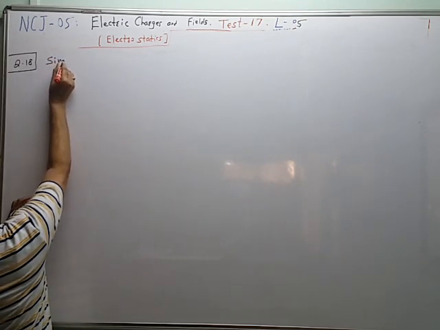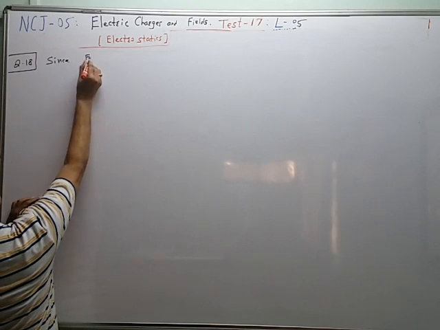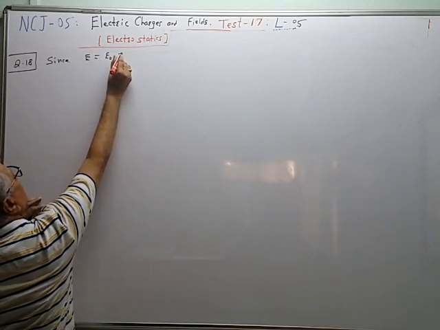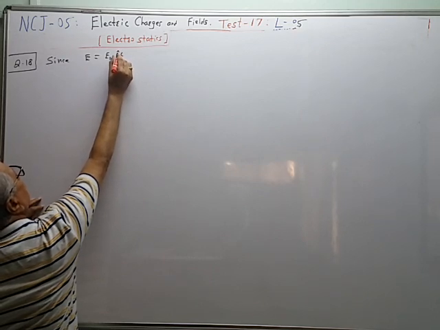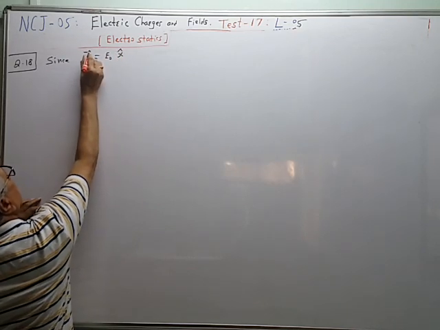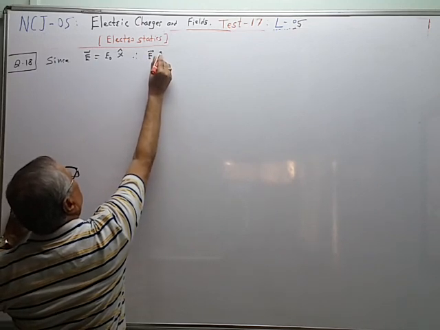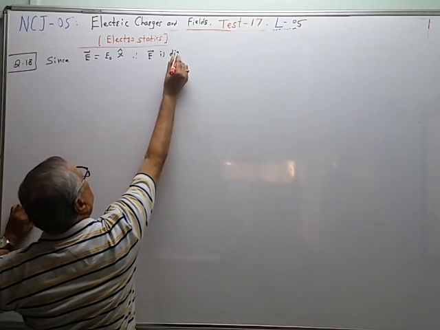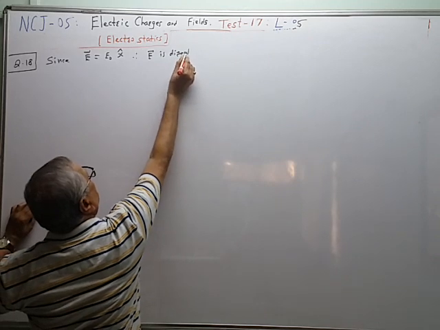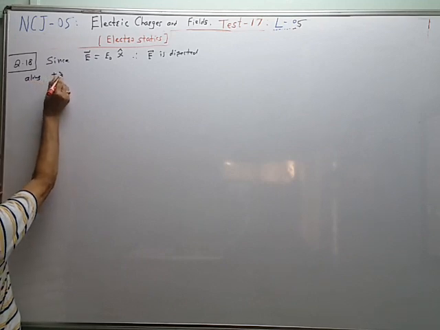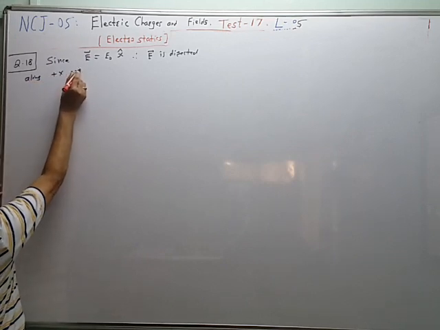Since E is equal to E0 times x, therefore E is directed along the x-axis.